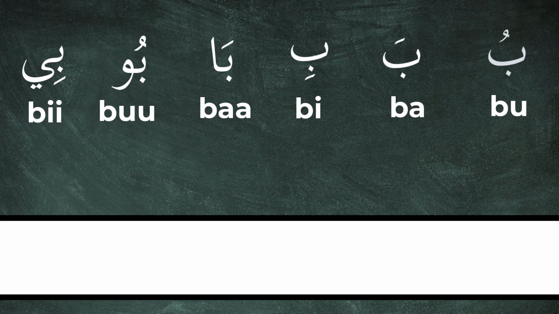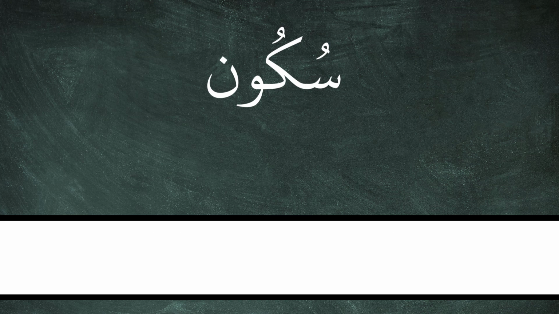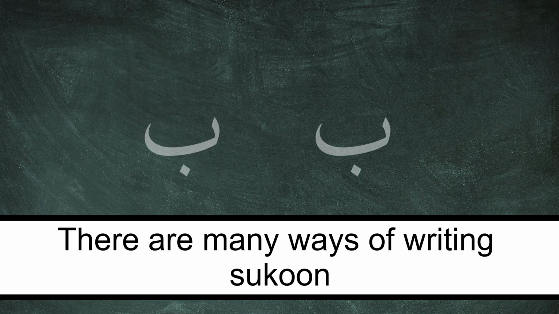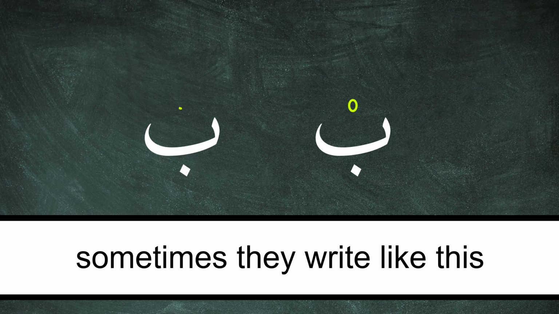Are you with me? Now, there is a fourth thing we must understand, and it is called Sukoon. Are you with me, brothers and sisters? There are many ways of writing Sukoon. Sometimes it is like a tiny circle. Sometimes they write like this.